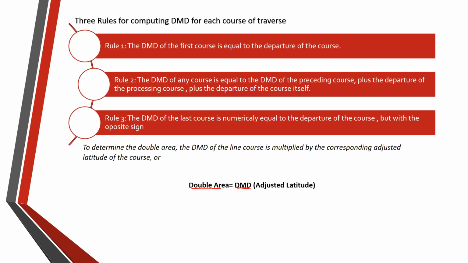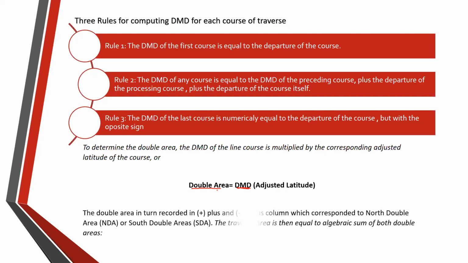So DMD times the adjusted latitude is equal to double area. The double area is recorded in the plus and minus columns corresponding to north double area and south double area. The traverse area is then equal to the algebraic sum of both double areas. Again, for south, it is negative. For north, that is positive. Okay?